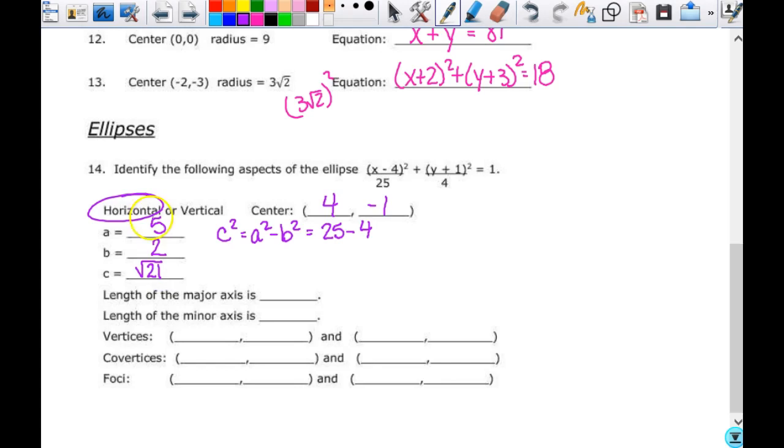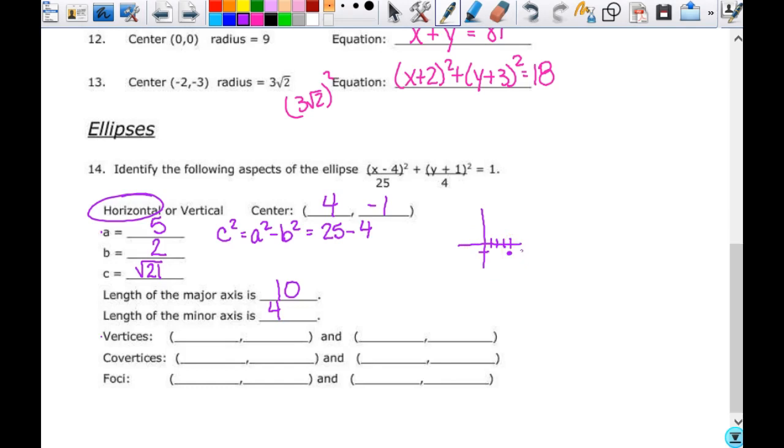Length of the major axis is 2 times A, so it's 10. Minor axis, 2 times B, so it's 4. The vertices, okay, so this is where my A goes with the vertices, and this is horizontal. So remember, if I have 1, 2, 3, 4, -1, there's my center, it is going to be horizontal, so I count from my center 5 on either side because A is 5.